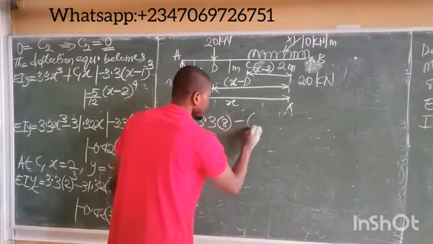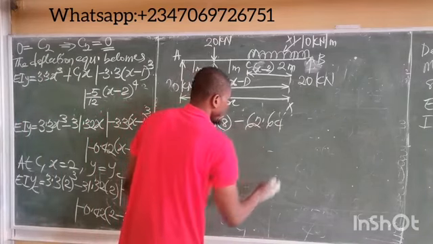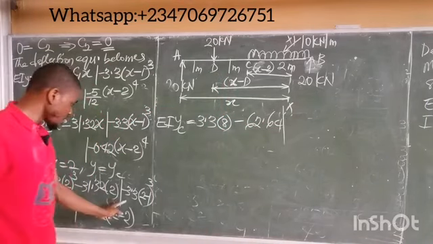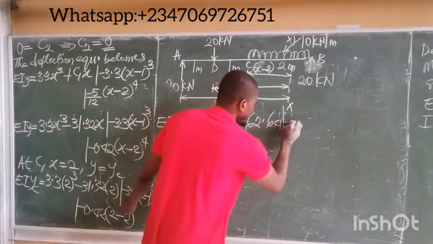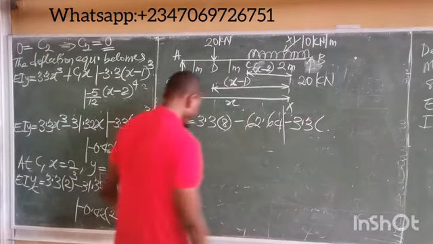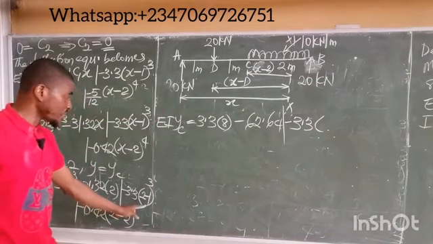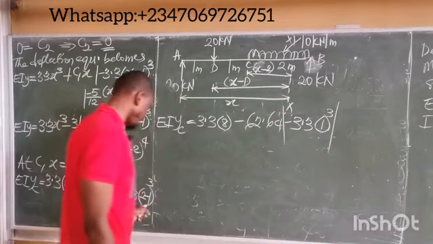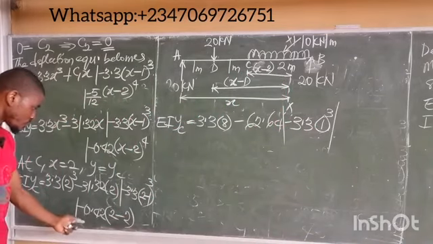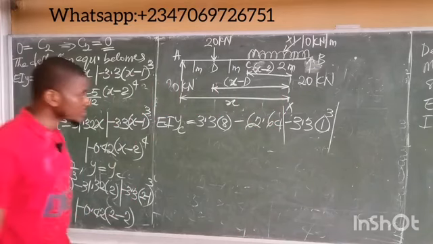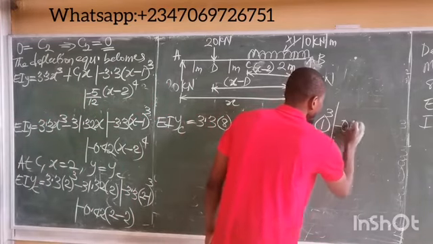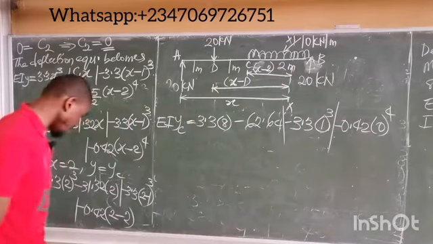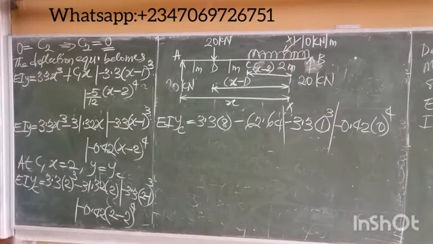So you have minus 62.64. Open your Macaulay's bracket. Here we have minus 3.3, x here is 2, 2 minus 1 here is 1, so 1 to the power of 3. Open your Macaulay's bracket. Here we have minus 0.42, 2 minus 2 here is 0, so we have minus 0.42 multiplied by 0 to the power of 4.